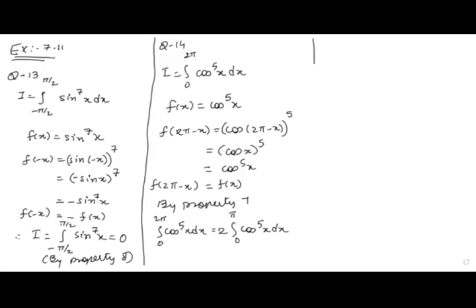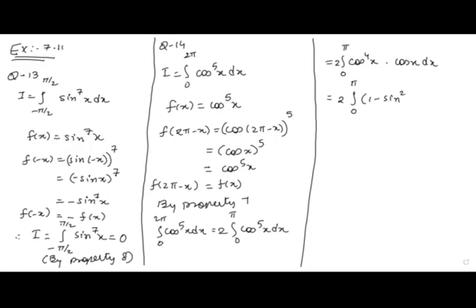Now if I want to integrate this, I will break cos raised to 5 x as cos raised to 4 x into cos x dx. Converting this into sine, I can write this as cos square x whole square, and cos square x can be written as 1 minus sine square x.